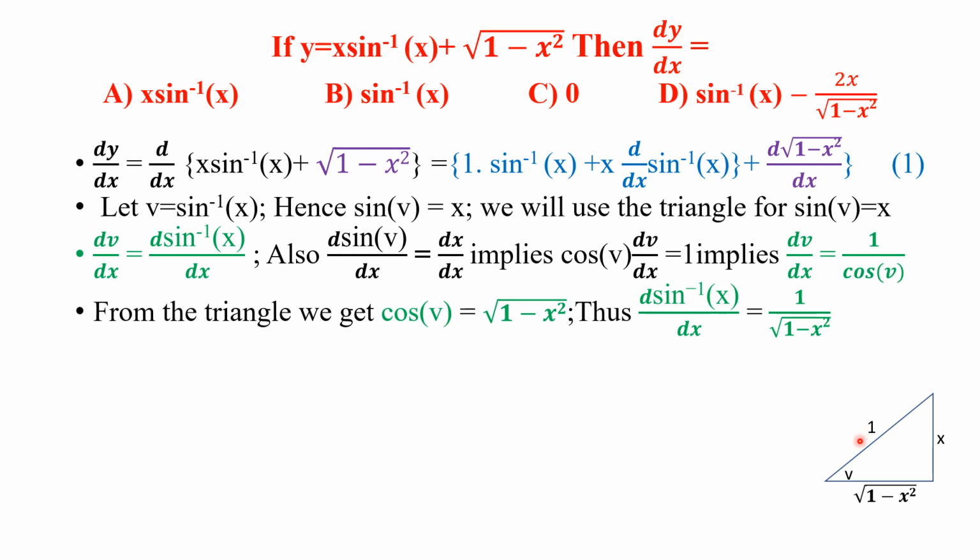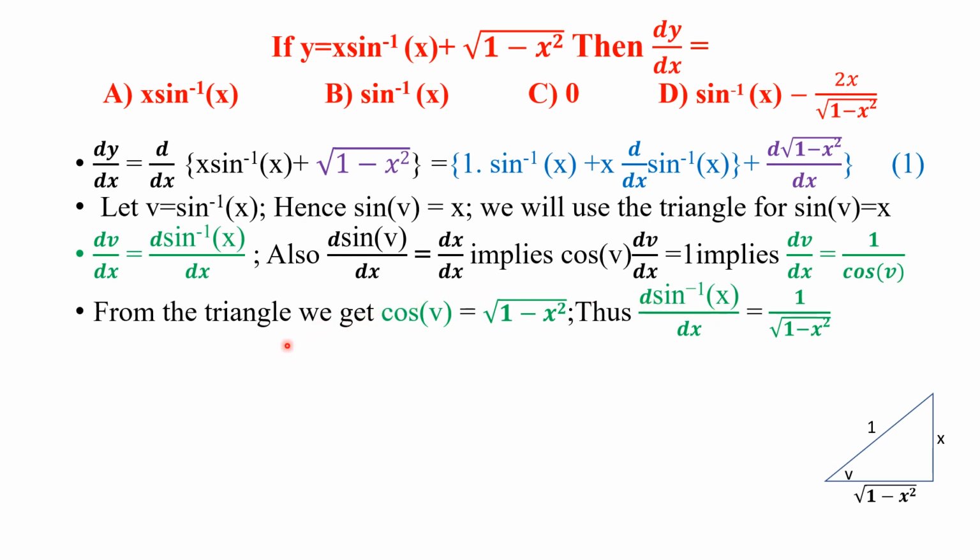That will give us what we said over here, square root of 1 minus x squared. So instead of dv by dx equal to 1 divided by cosine v, now it's equal to 1 divided by square root of 1 minus x squared. Now that we have all the puzzle components of the first term, let's get the second term.